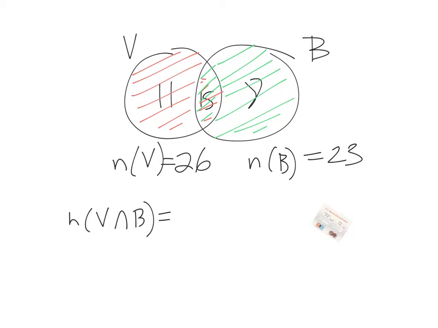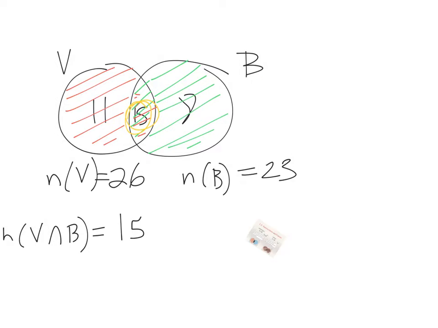That would mean the number of V and B. And if we're talking about V and B, we're talking about that middle number, so just the 15.